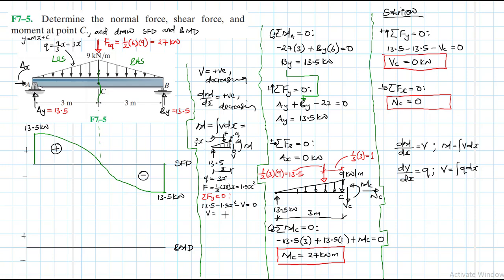Then V is equal to 13.5 minus 1.5 x squared.